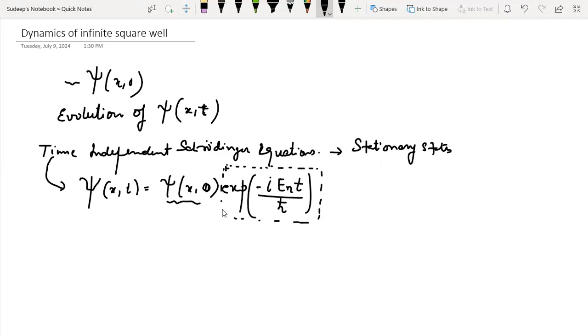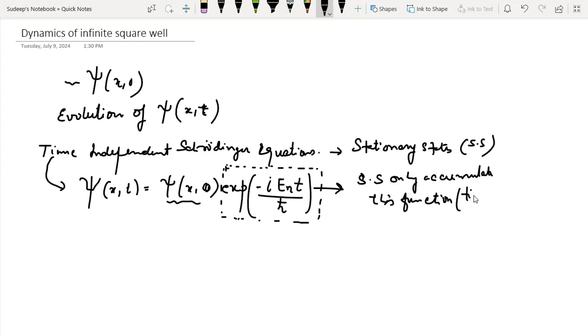In stationary states, only this function accumulates, and sometimes we know it as the time evolution operator, as a function of time. Otherwise, the rest is independent of time; it is at time t equal to 0.